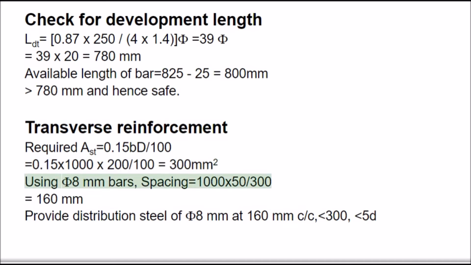Using 8 mm bars, spacing equals 1000 x 50/300 equals 160 millimeters. Provide distribution steel of 8 mm at 160 millimeters c/c.